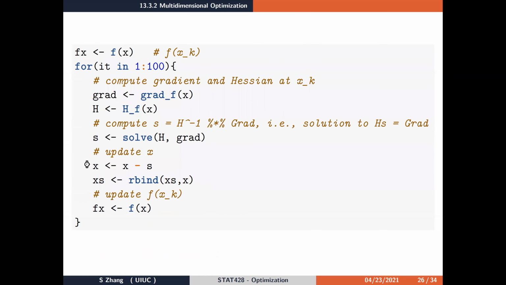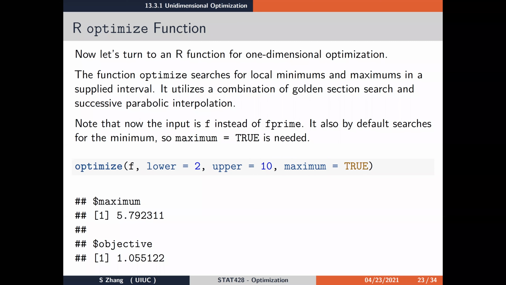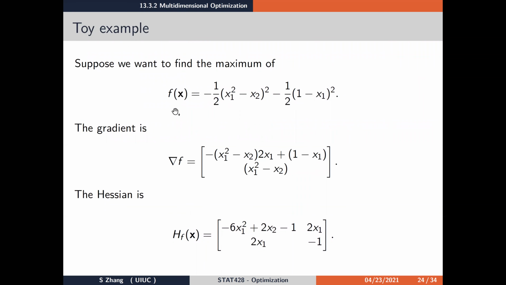If you return to this function, you can see that the maximum is exactly attained when both x1 and x2 are equal to 1. In that case, this term, which is non-positive, will evaluate to 0, and so would this term. So the resulting objective is equal to 0.